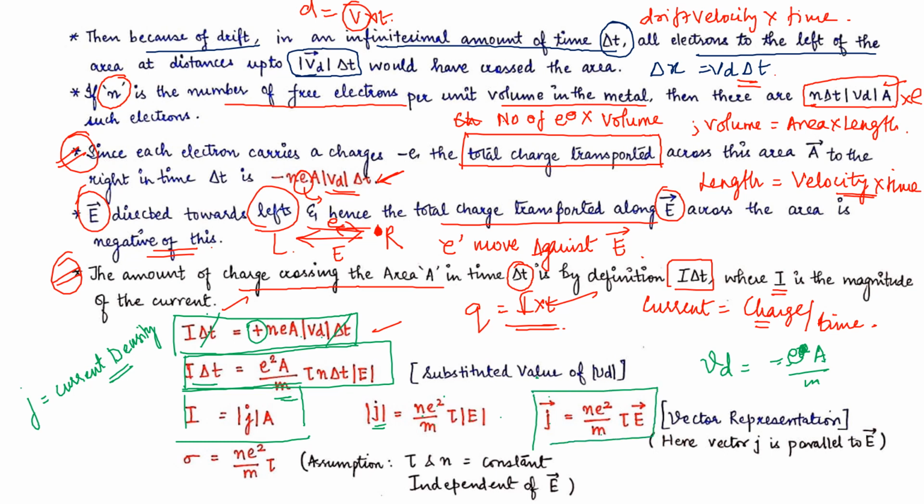Now sigma equals n e square upon m tau. Here sigma is the conductivity. Here the assumption is that tau and n are constant and independent of the electric field. Okay, so these are the derivations.